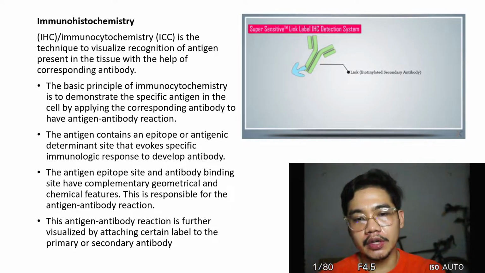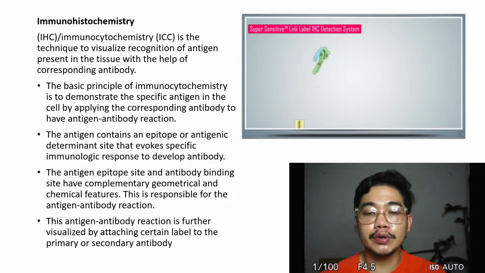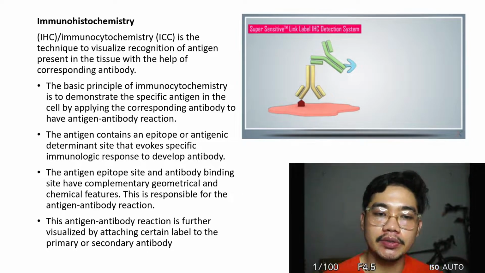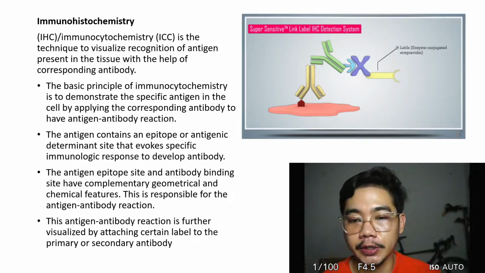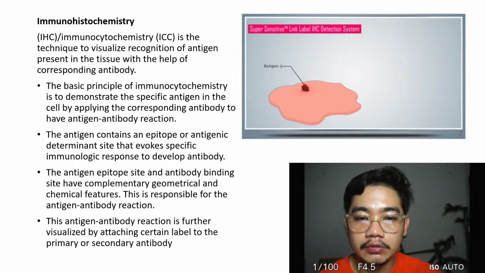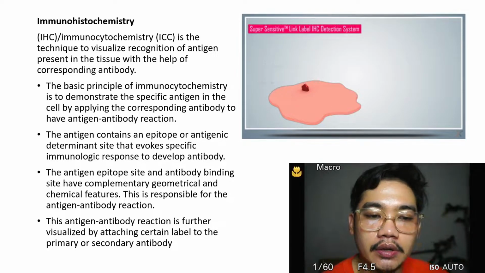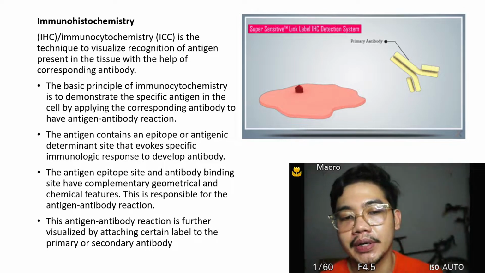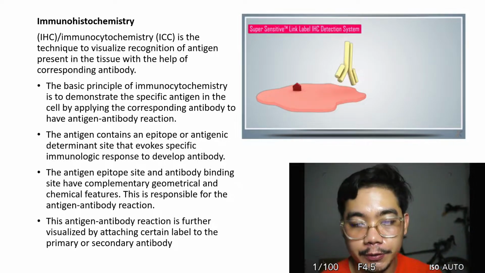So, immunohistochemistry is the technique to visualize recognition of antigen present in the tissue with the help of the corresponding antibody. The basic principle of immunohistochemistry is to demonstrate the specific antigen in the cell by applying the corresponding antibody to the antigen-antibody reaction.